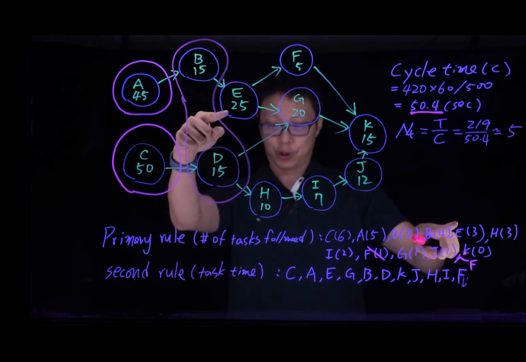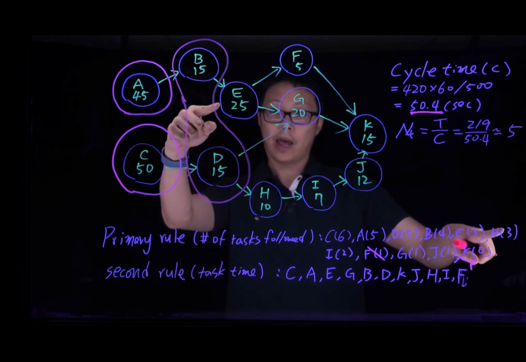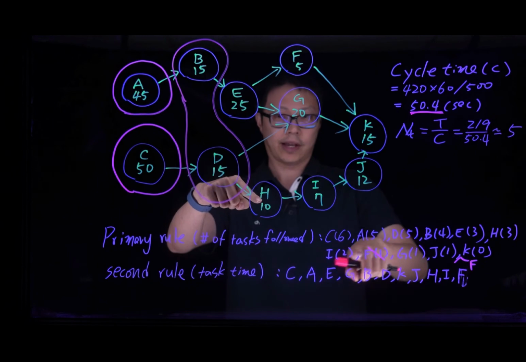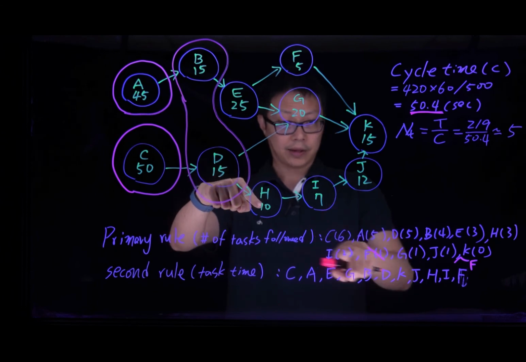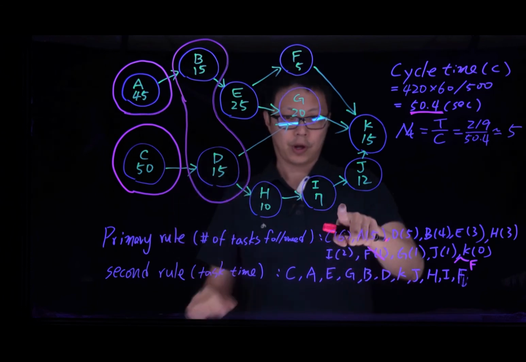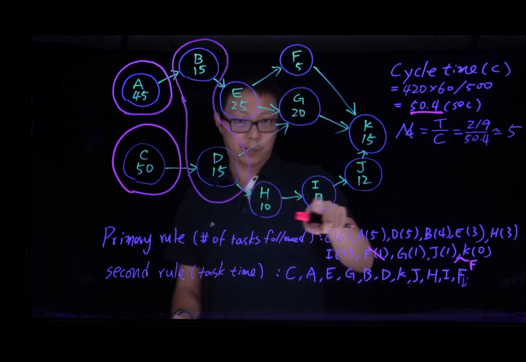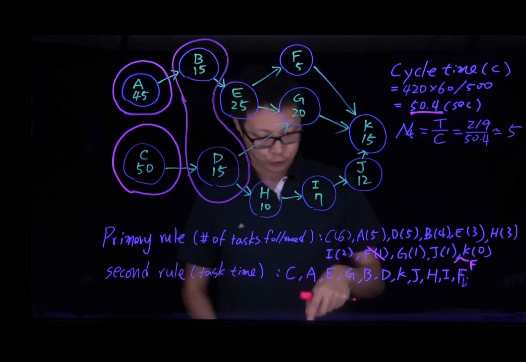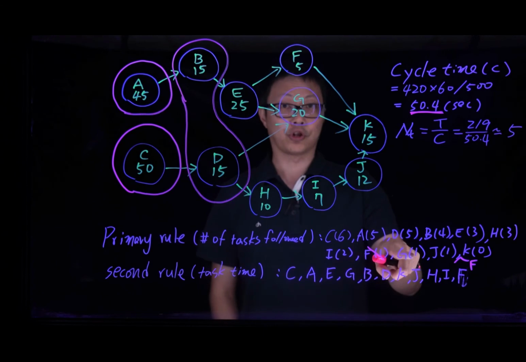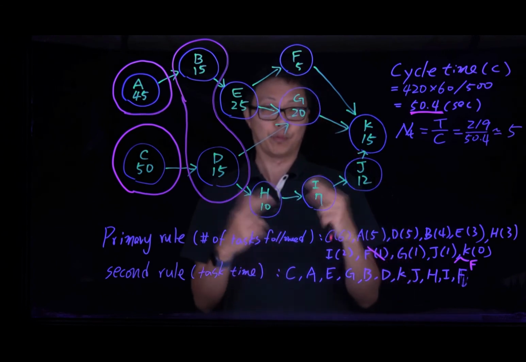All right? So let's move on to E. We know E will be 25 seconds. H will be an additional 10 seconds, so the total is 35. And I is 7. So 25 plus 10 plus 7, I got 40 something. But if I try to add G to that, it will be too high.